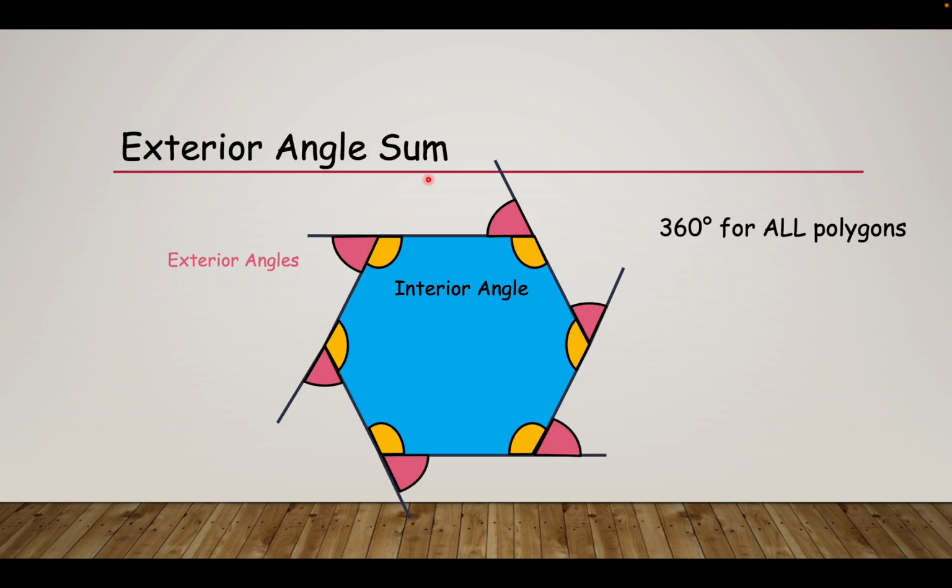Our exterior angle sum is 360 degrees for all polygons. Interior angles are inside the shape. Exterior angles are outside the shape.